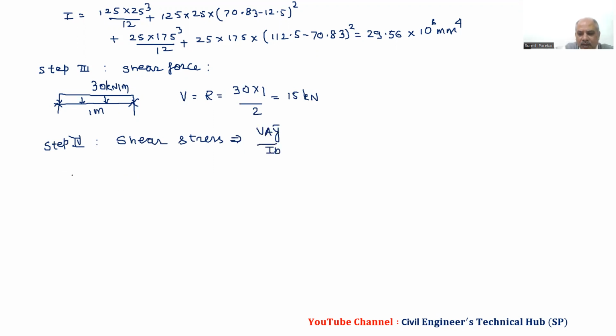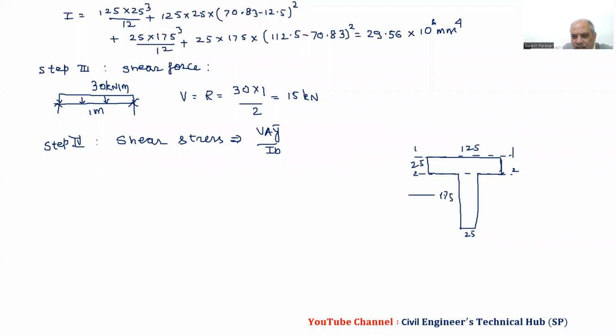Now I will draw over here. So we have the T section, with these values 125, 25 and then 175, 25. So we have this value, this will be 1, 1. Then at this will be 2, 2.